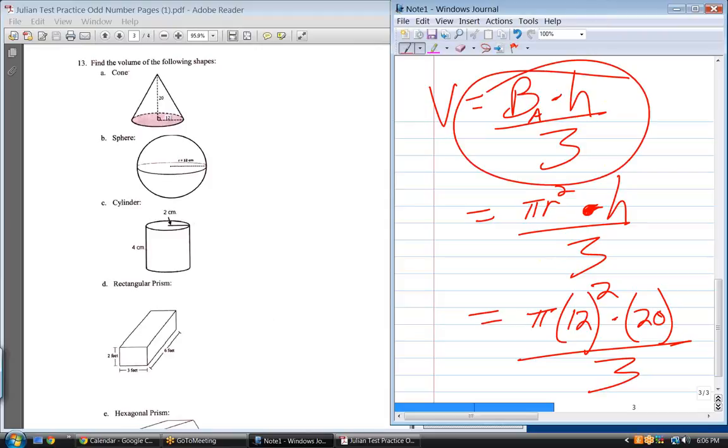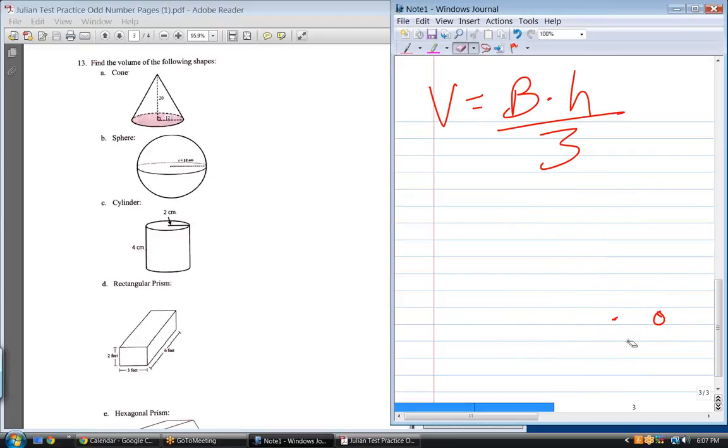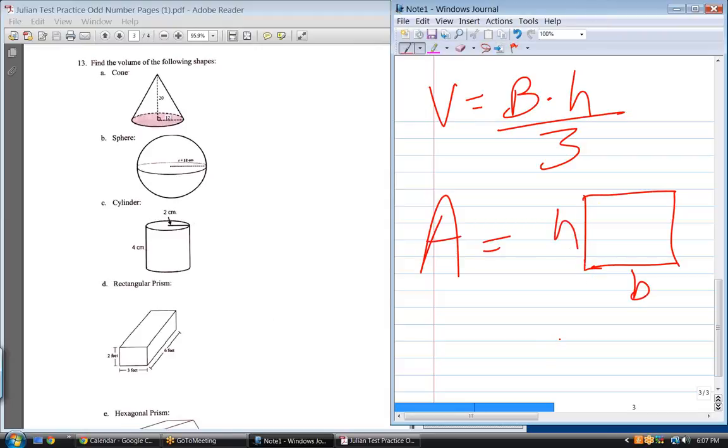But let me point out one thing here. Volume: I've had a couple of geometry students who want to say base times height divided by 3. I take a little bit of issue with that because it's not quite the same as the normal base that we're used to talking about. If I say what's the area of a rectangle, you say base times height, right? Well, this base is one-dimensional, measured in inches, feet, centimeters, or whatever.